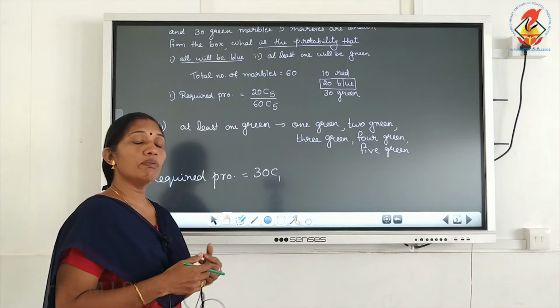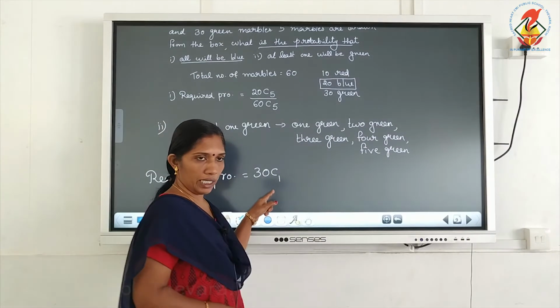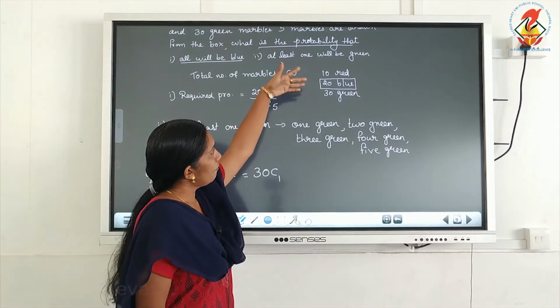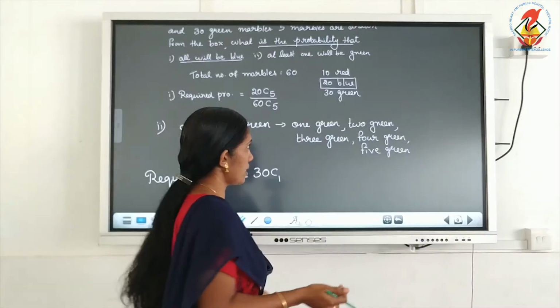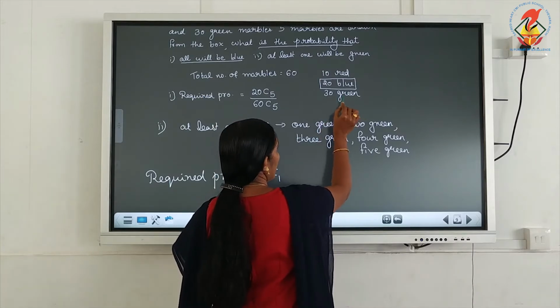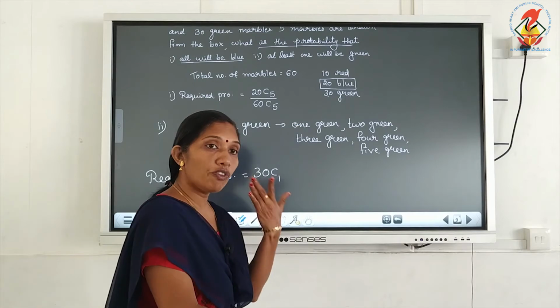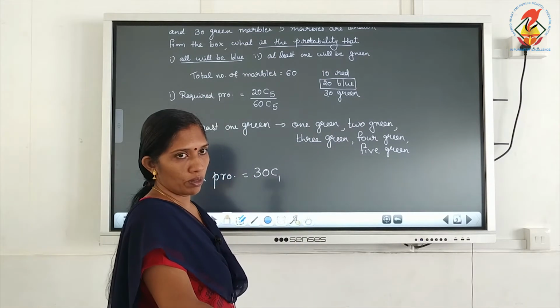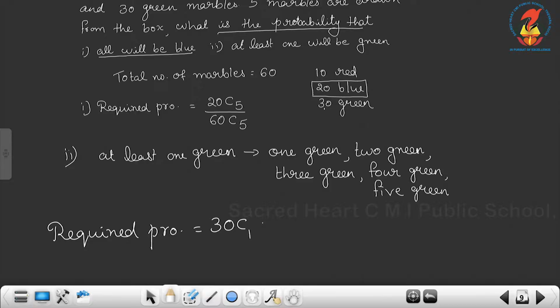But how many marbles are we taking? Total 5 marbles. One only green, the other 4 from red or blue. That is not specified in the question. So, if we take 1 from 30, that is 30C1, then we need 4 more also. Both we need, then only the total becomes 5. So, we have to put a multiplication symbol.